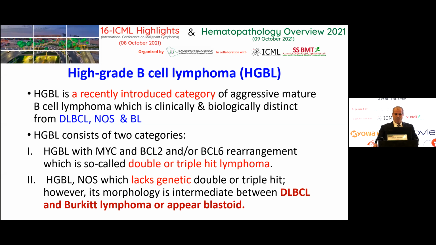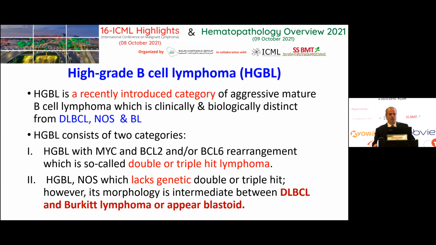So what is high-grade B-cell lymphoma? High-grade B-cell lymphoma is a recently introduced category in the WHO, as aggressive mature B-cell neoplasm with clinical and biological distinction from diffuse large B-cell lymphoma and Burkitt lymphoma. It has two categories.